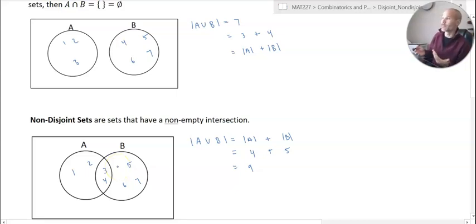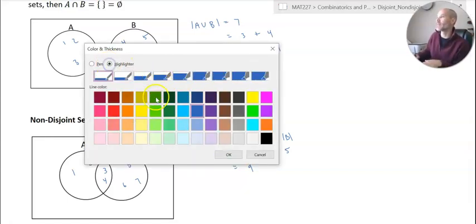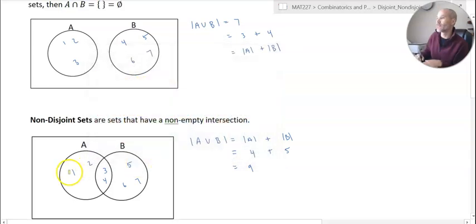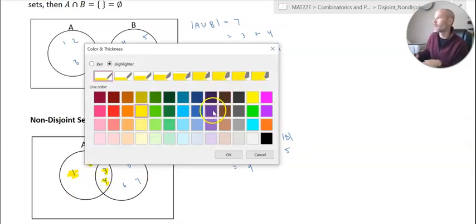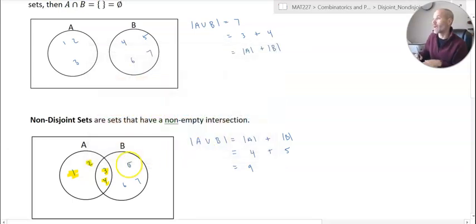So what's happened? Well, the problem is the number of elements in A, let me just go ahead and highlight them. That's going to be these guys, right? 1, 2, 3, and 4. So we're counting those 4 elements as being part of A. You might see where this is going already. Now inside of B, we're adding 1, 2, 3, 4, 5.